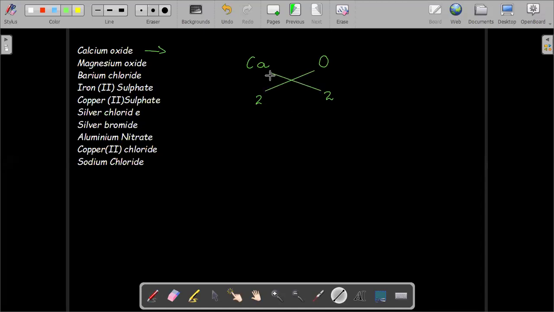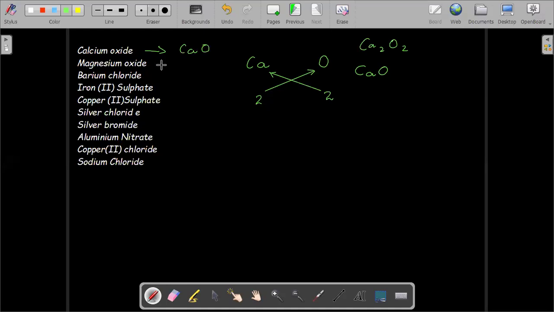Since both are 2 and 2, you get Ca2O2, which means for 2 calcium atoms there are 2 oxygen atoms. The ratio still holds if we write CaO, which means 1 calcium for 1 oxygen atom. So the formula for calcium oxide would be CaO.